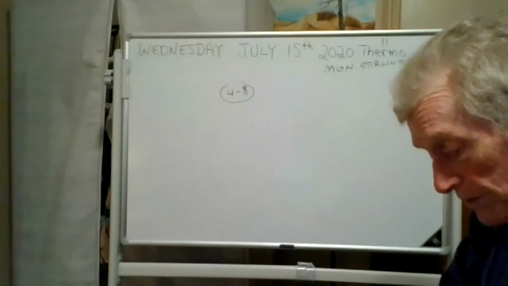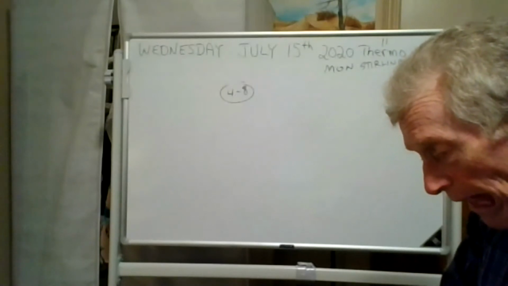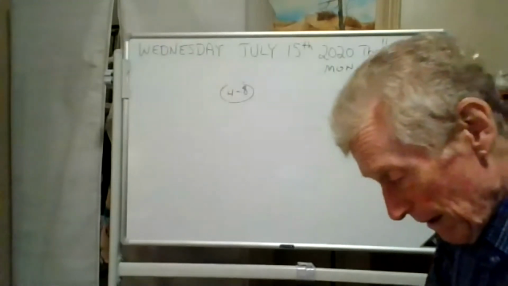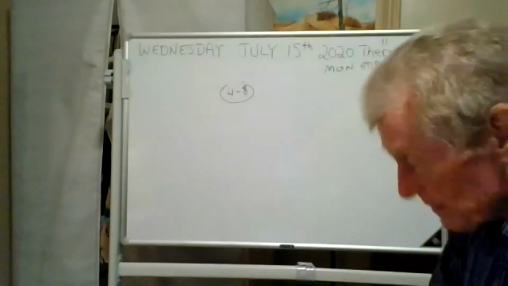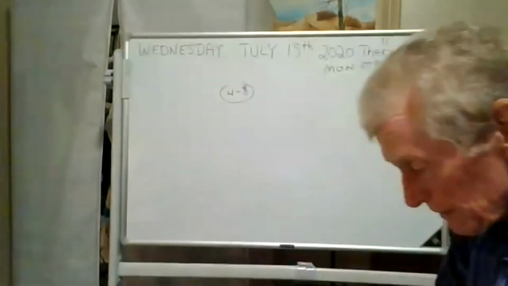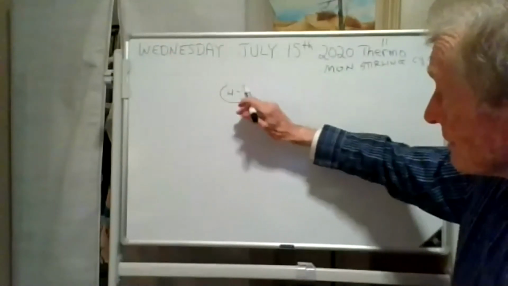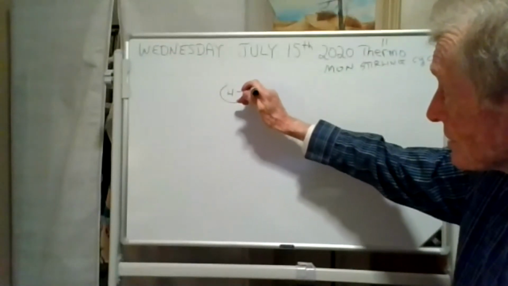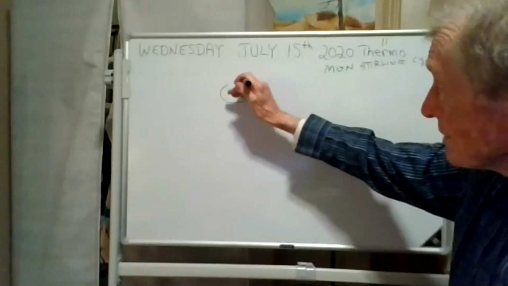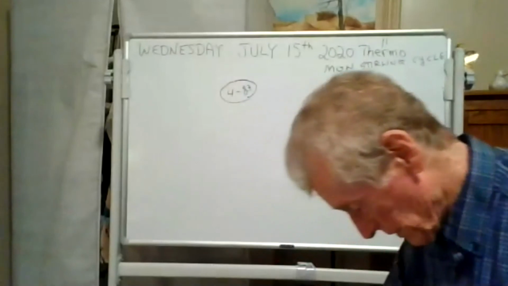Okay, now let me find this. All right, here we go, 4.8. Is that the one I want? Just a minute. No, 4.83, sorry. What I want to show you guys is problem 4.83.